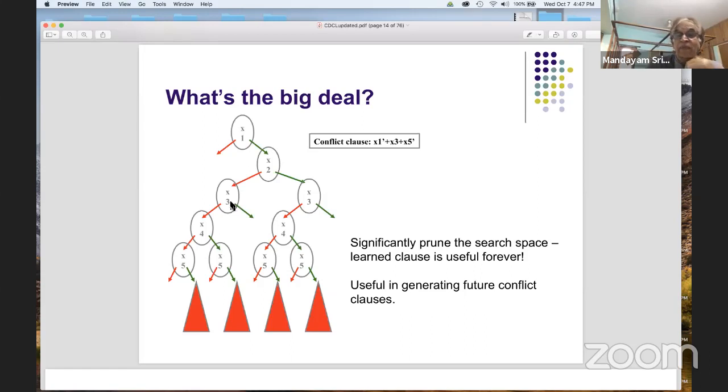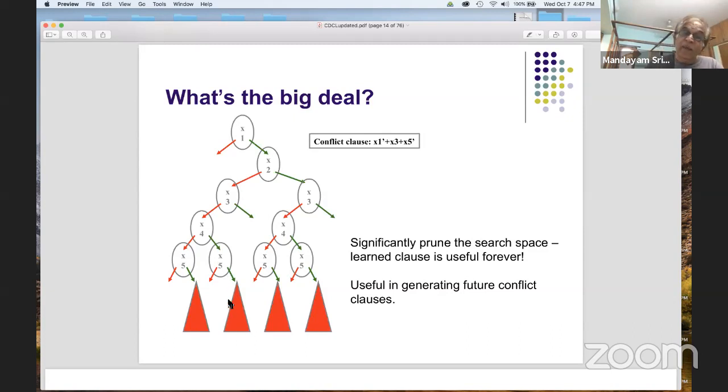Then what will happen is, because you're only backtracking one level at a time, you will be encountering the same conflict that occurred here, here as well. Maybe that conflict is dependent on the decisions that you had made earlier, so that will keep getting repeated.